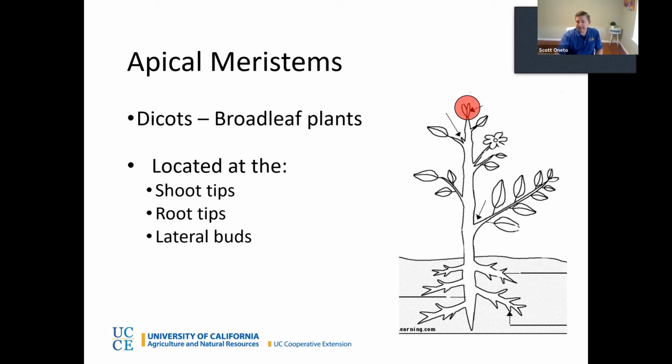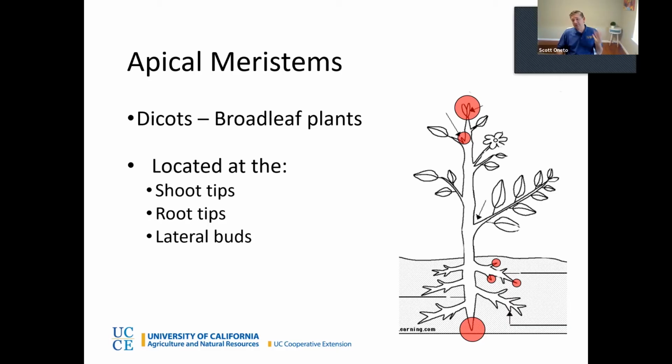And just like the top of the plant, at the bottom of the root, if it has a long tap root, at that tip of that root, it's going to be an apical meristem. And then going back to the top of the plant, all of those lateral buds are also apical meristems. So the lateral buds along the plant shoots and branches, along the stems, those are all apical meristems. And then also all of the root tips have apical meristems.